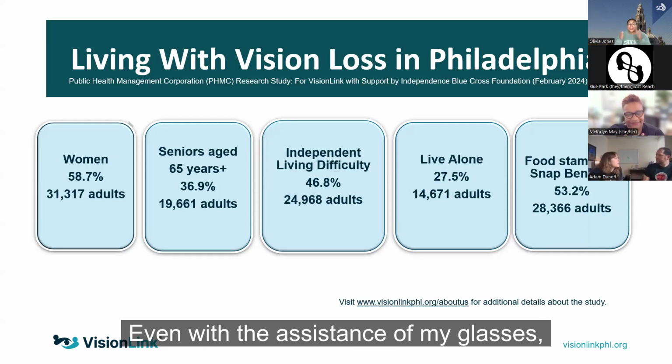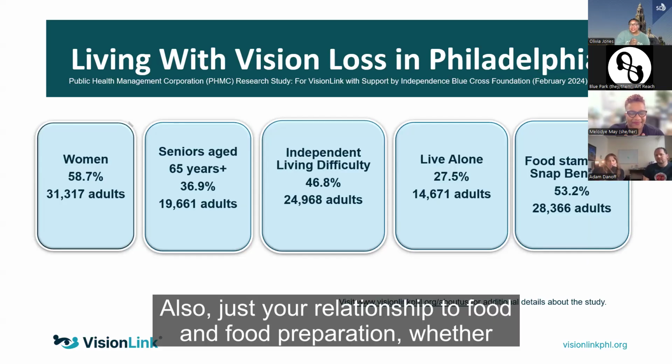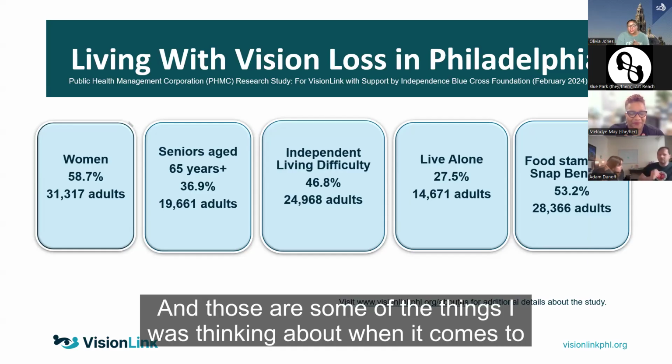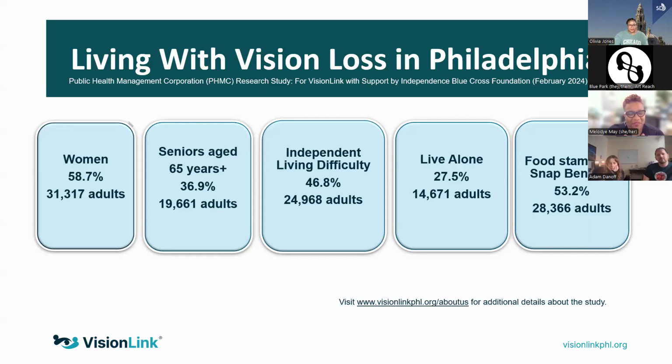Even with the assistance of my glasses, expiration dates are very hard to capture. So also just your relationship to food and food preparation, whether it's in your fridge or pantry. Those are some of the things I was thinking about when it comes to independent living difficulty.